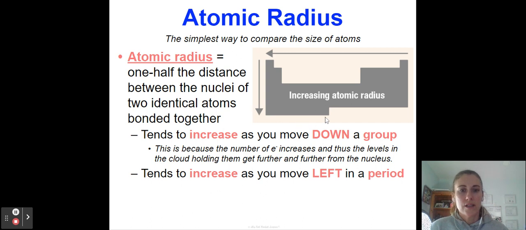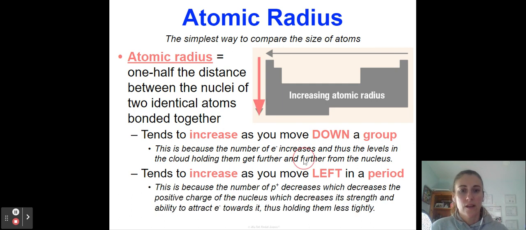And it increases as you move left. So as we move right to left, it's going to increase as well, because remember, as we go left to right, we're increasing in our protons. So there's fewer protons in each energy level on the left-hand side of the table. So it's going to be looser as far as that attraction between the nucleus and the electrons on the outside.